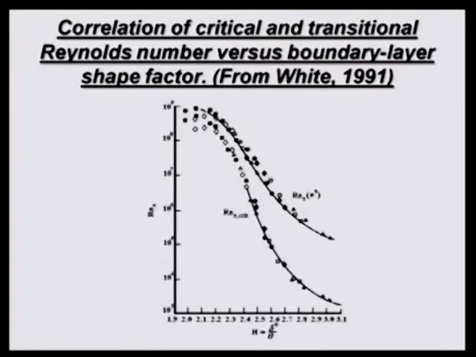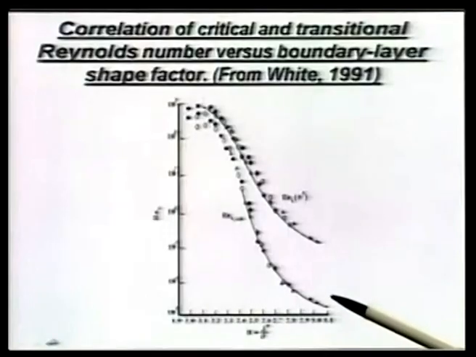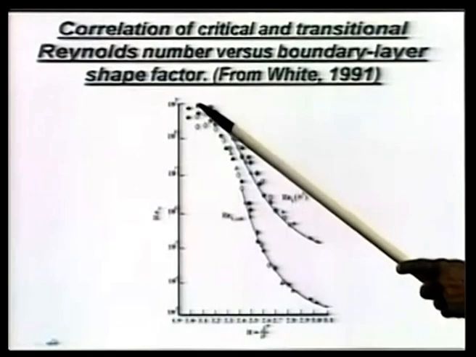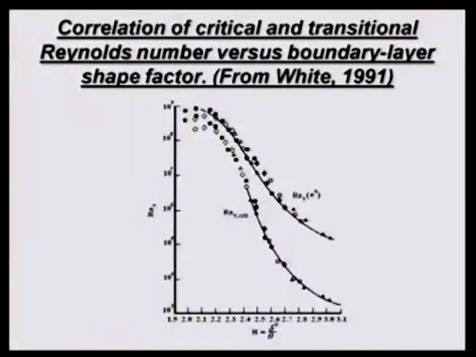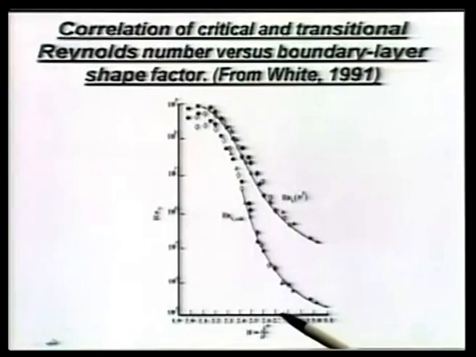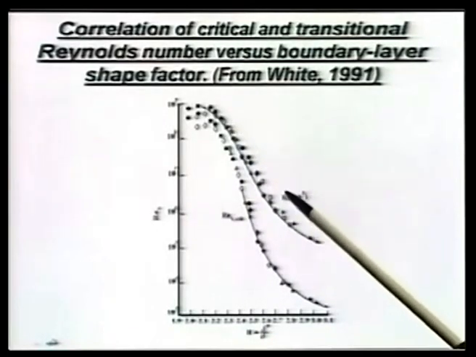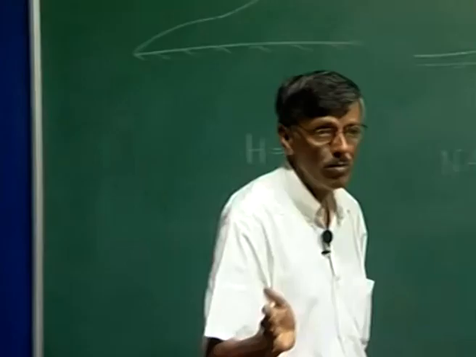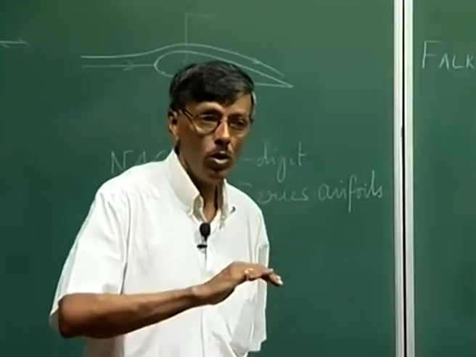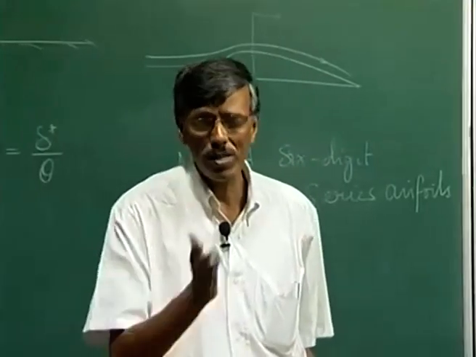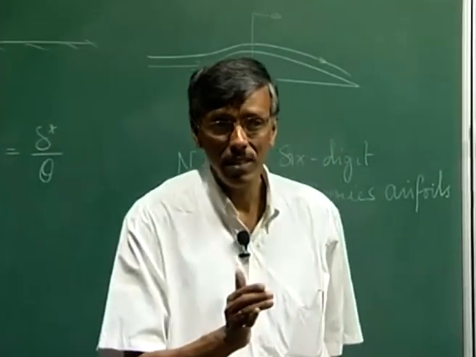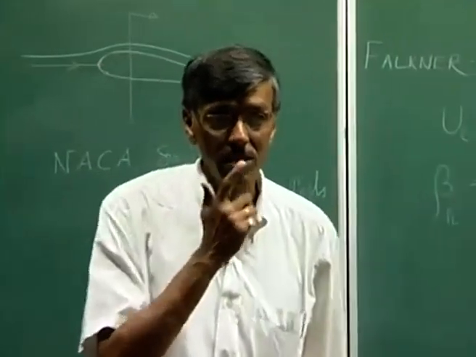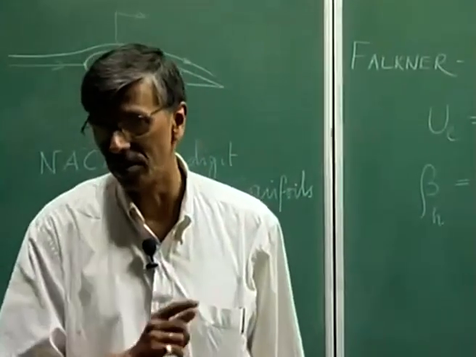The first line corresponds to where the flow becomes critical. Okay. For different values of H, it happens at a different location, whereas the second curve corresponds to where the flow becomes turbulent. So, what you really need to understand is that instability does not necessarily mean transition.